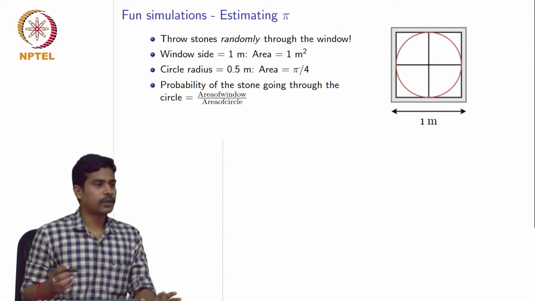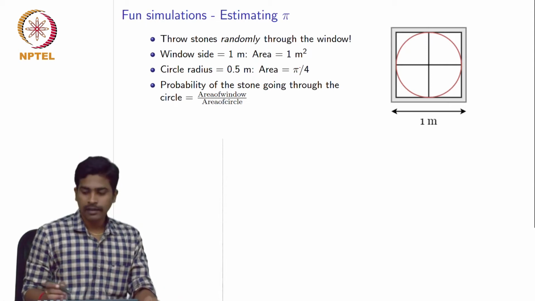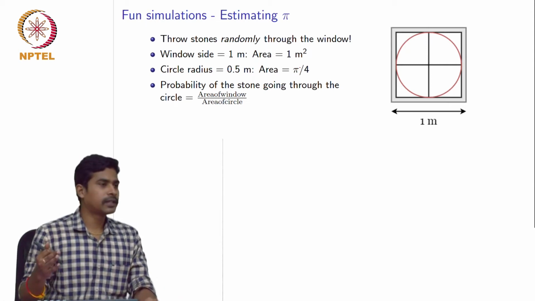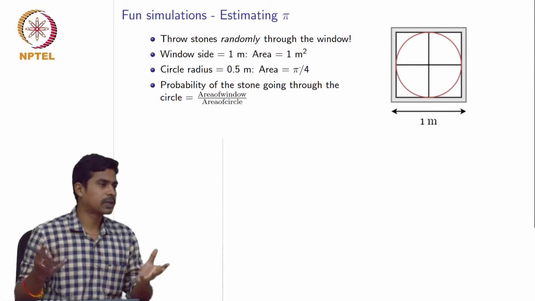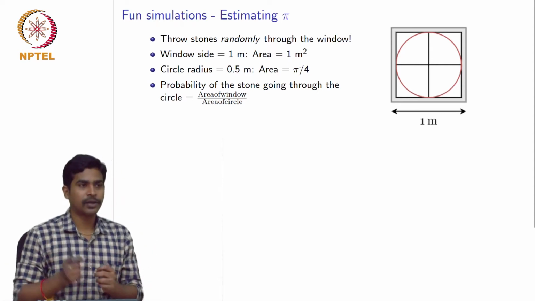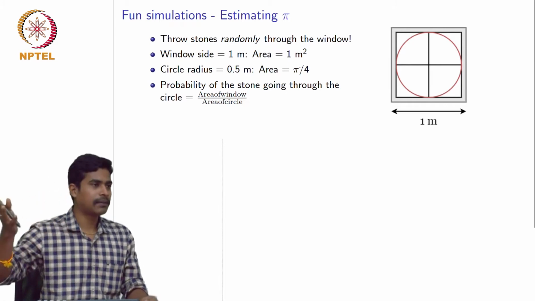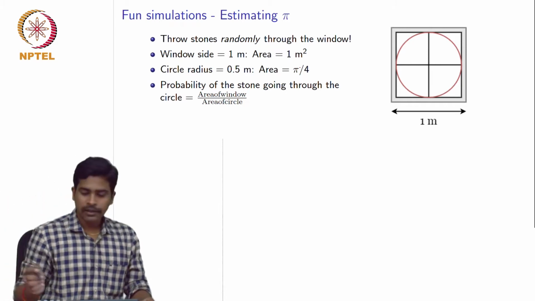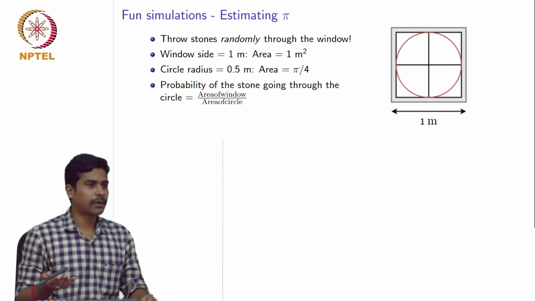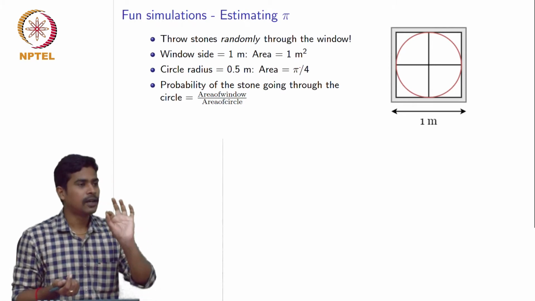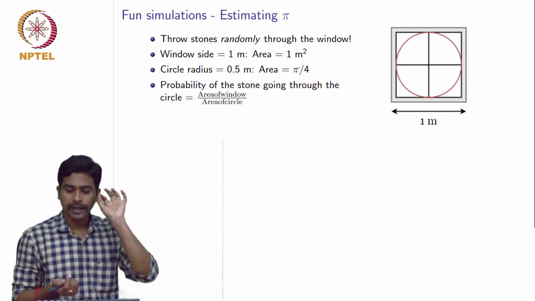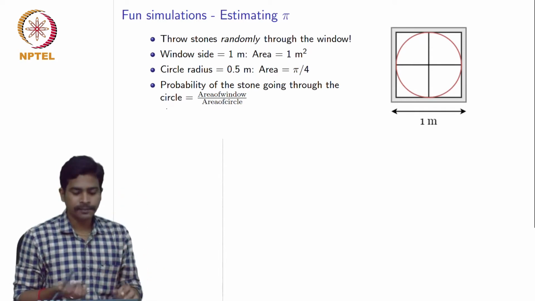So suppose you are throwing n number of stones, let's say, and you are throwing the stones randomly, but you are not preferentially throwing, okay, this should go inside the circle or this should avoid the circle, you are just randomly throwing the stone. After throwing each of the stones, you are measuring if it is going inside the circle or if it's going inside the rectangle but not inside the circle.